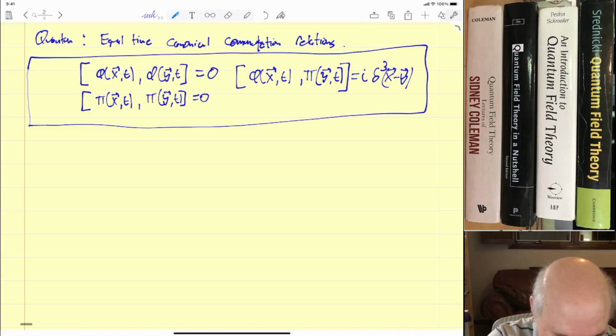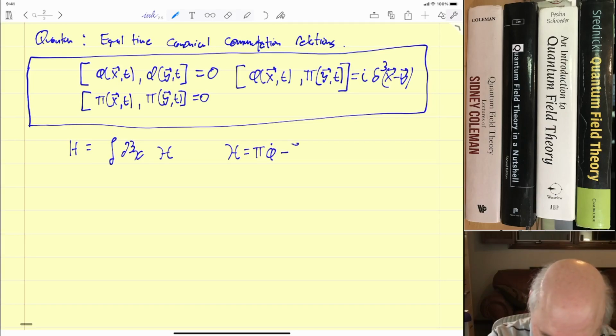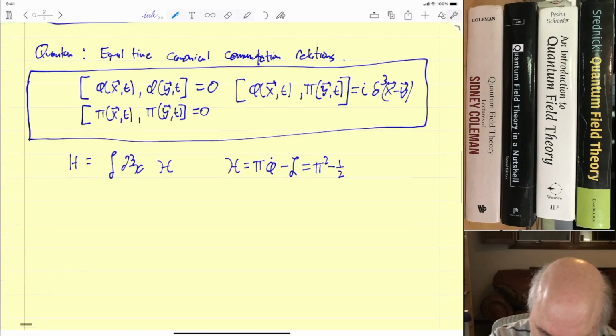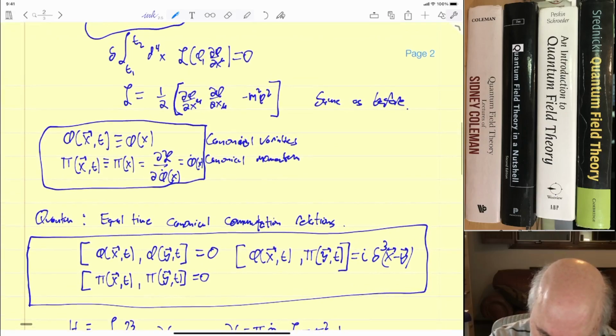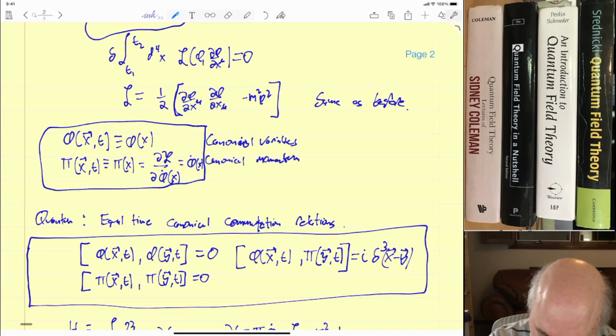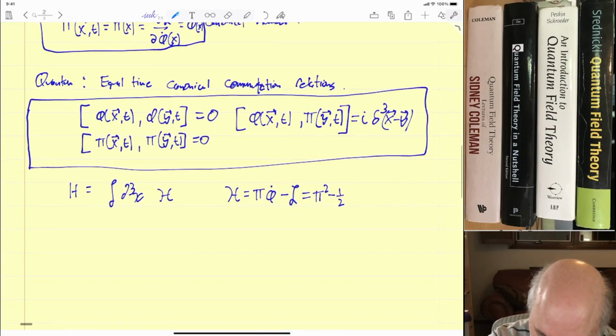Then we do the same procedure to derive the Hamiltonian. We get a Hamiltonian density, and the Hamiltonian density is defined in our usual way. Nothing changes here. And for the theory we have, it's going to be pi phi dot, since phi dot is equal to pi. If I go back up here, all you have to remember is pi is equal to phi dot.